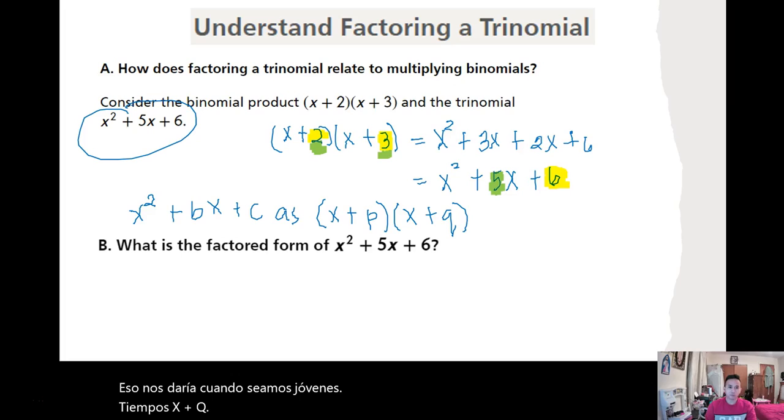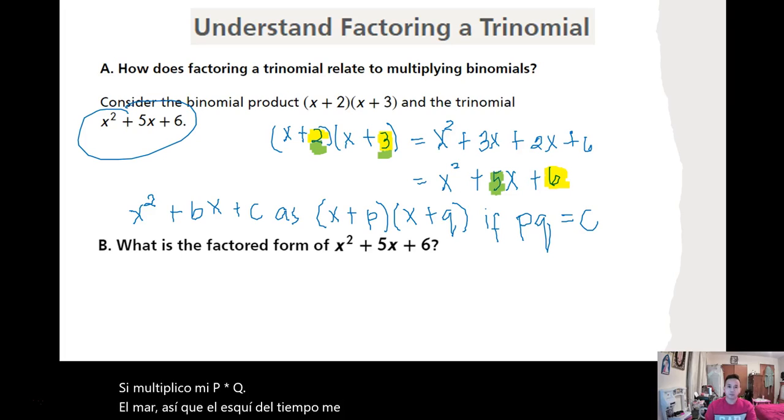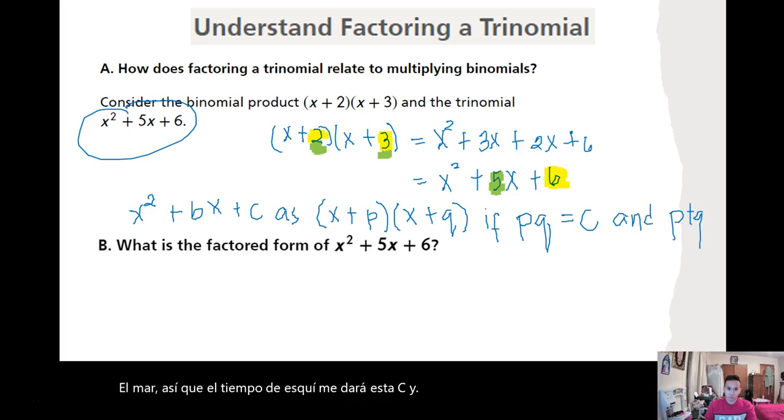If I multiply my p times q, that would give me the c. So p times q will give me the c. And if I add them, p plus q will also give me the c. So that's the pattern.